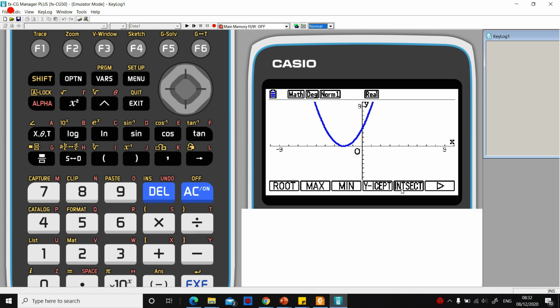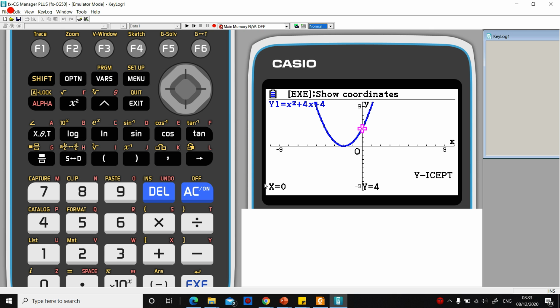We'll look at the minimum, which is F3. So the minimum point is -2, 0. That's the coordinate of the minimum point, which is very important. Now if you want to find the y-intercept, we do Shift, G-Solve again, and y-intercept, which is F4. That gives us an answer of 0, 4.